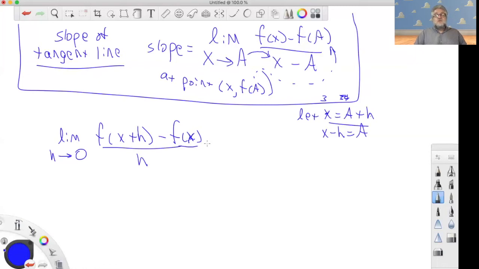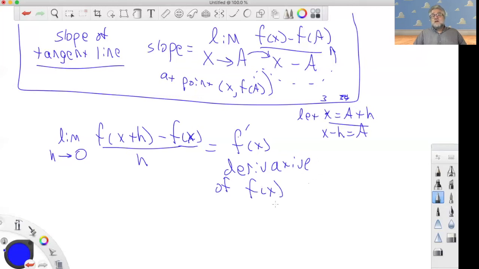And this function is the slope of the tangent line. It's also the derivative, which we write as f prime of x. This is the derivative of f of x. What is the derivative of the f of x? Derivative of f of x is the slope of the tangent line.